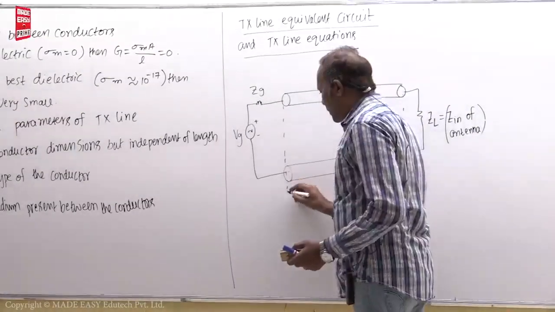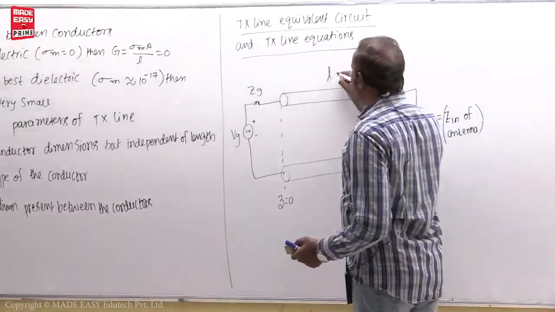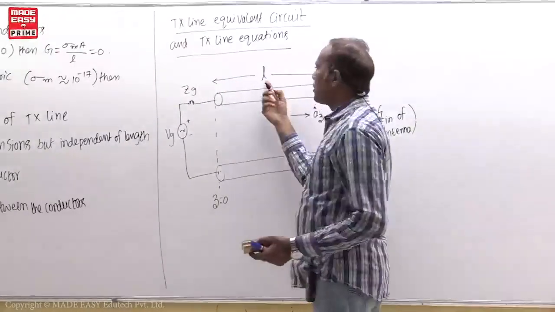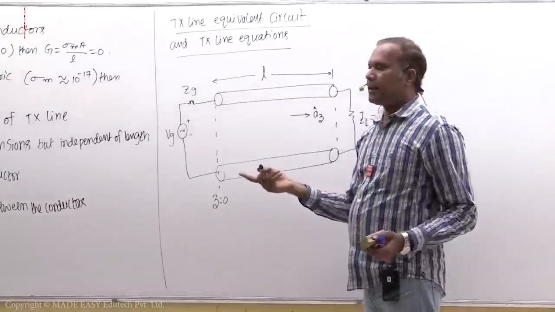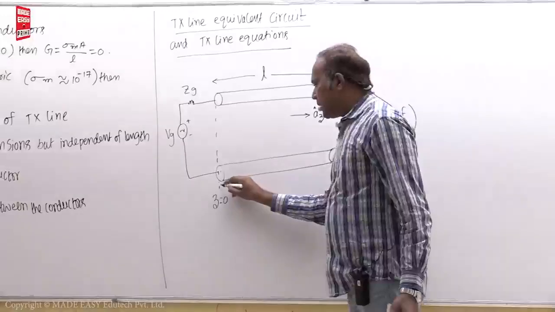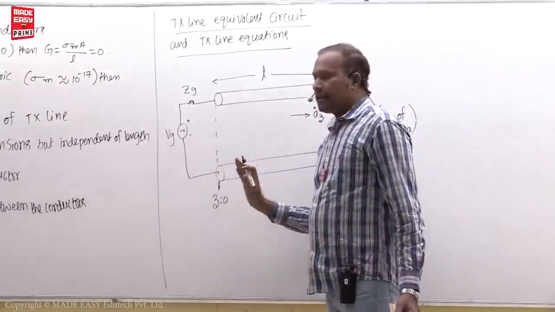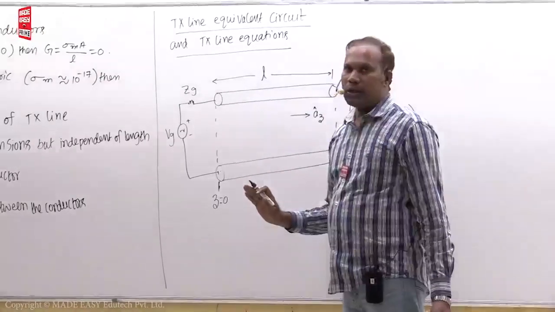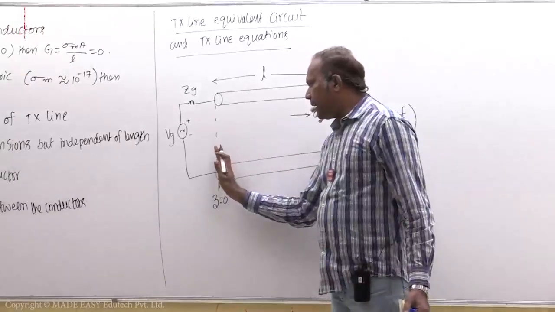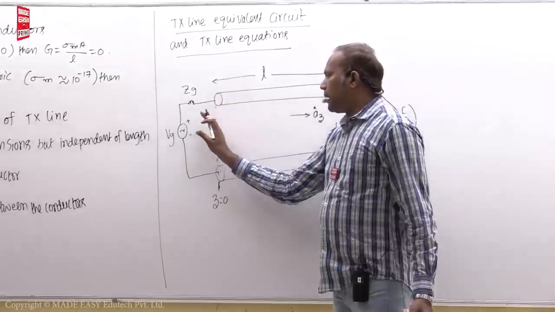Now this one is what, dear students? Starting distance z is equal to 0. Now if you say total length of the transmission line is capital L or otherwise small l symbol also used, it doesn't matter, where L is length of the transmission line. Now Z0 means starting distance, that is nothing but sending end or otherwise source end. Sending end means here we are sending the signal from source to the transmission line.